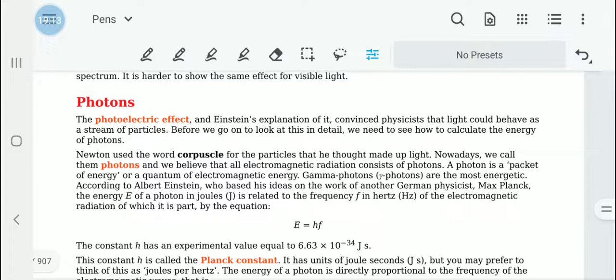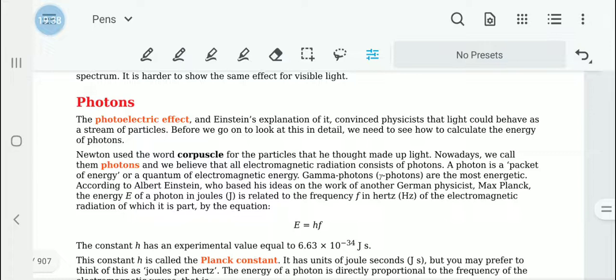Then Albert Einstein worked on the theories brought forward by Max Planck, who was a German physicist. He said the energy E of a photon in joules is related to the frequency in hertz of the electromagnetic radiation of which it is part.